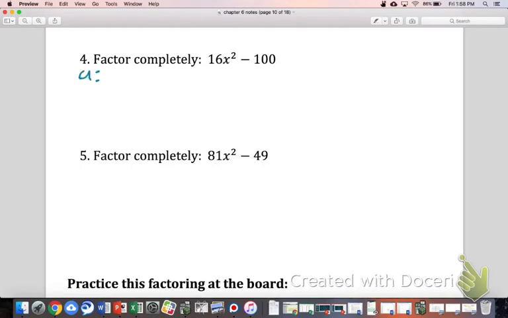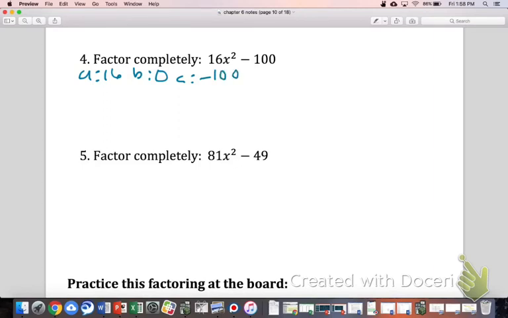And the B value is? Ooh. Do you see how the B seems to be missing? So the B is 0. It's like 0x. It's just not there. And C is negative 100, correct?